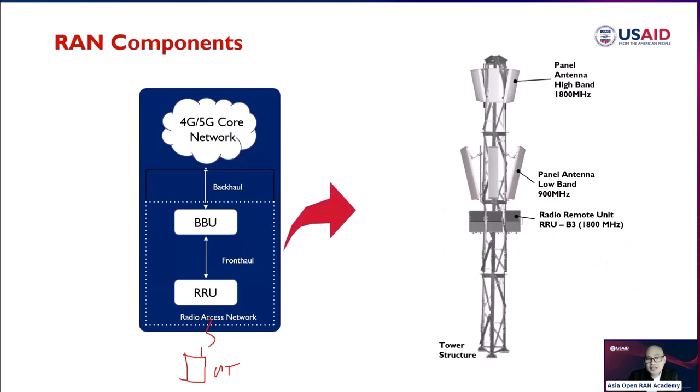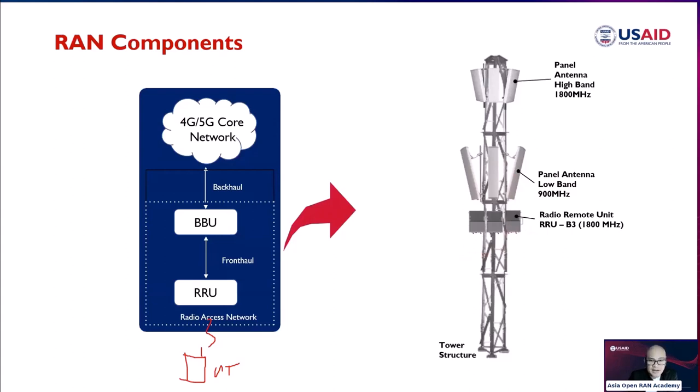The RRU is a critical component of the RAN system. It is responsible for converting the radio signals received by the antenna system into digital signals that can be processed by the BBU. The RRU is typically located on top of the tower structure near the antenna system to reduce the transmission loss.